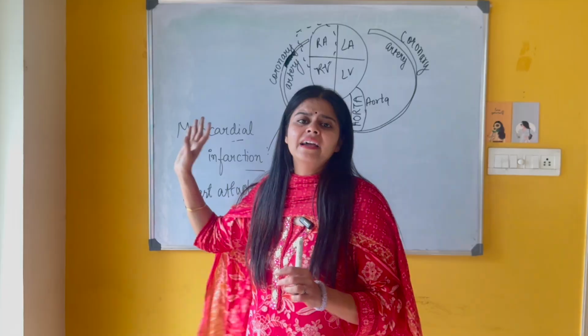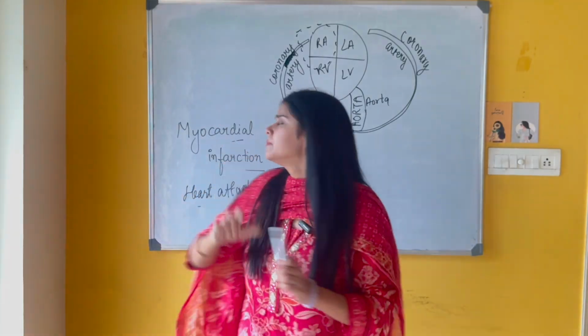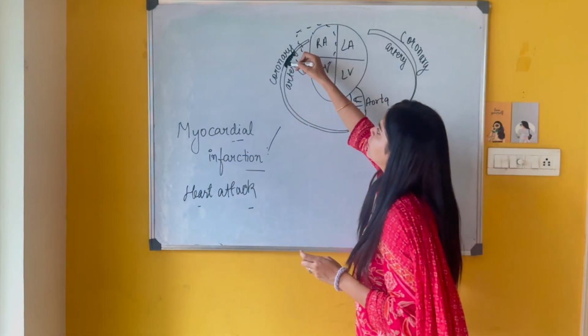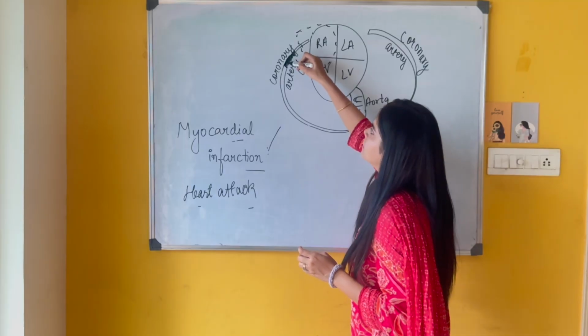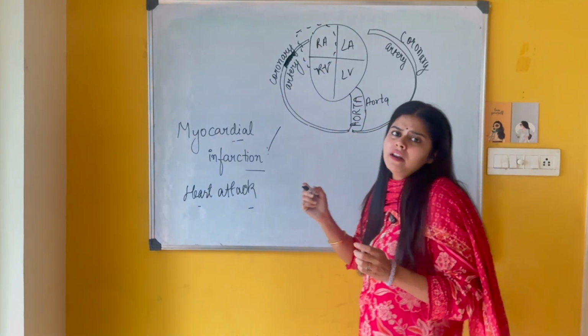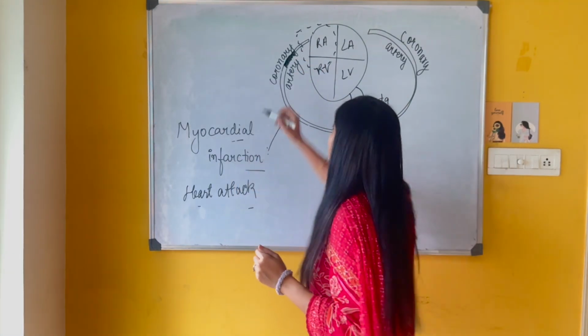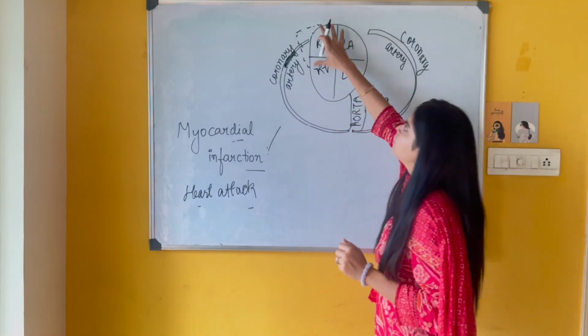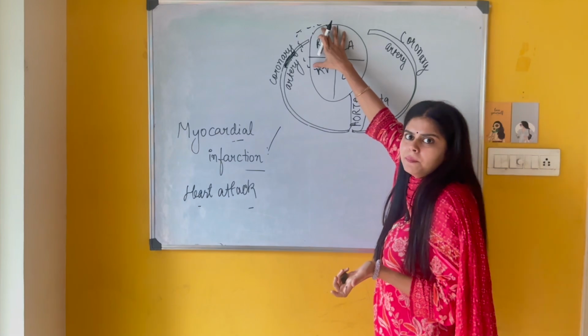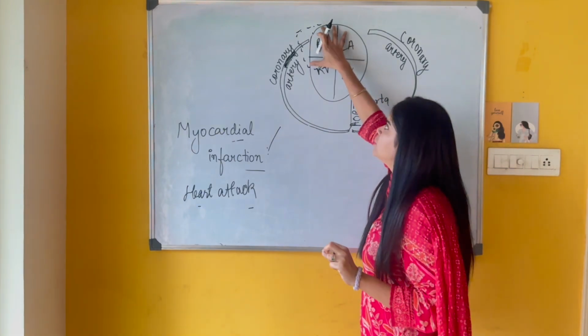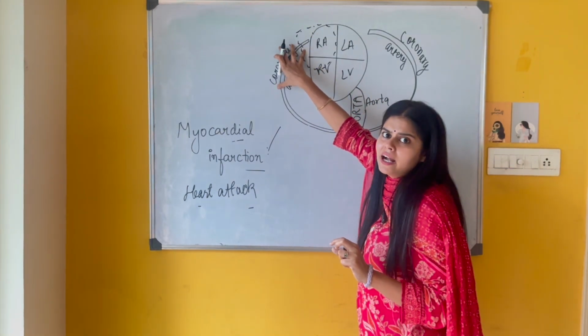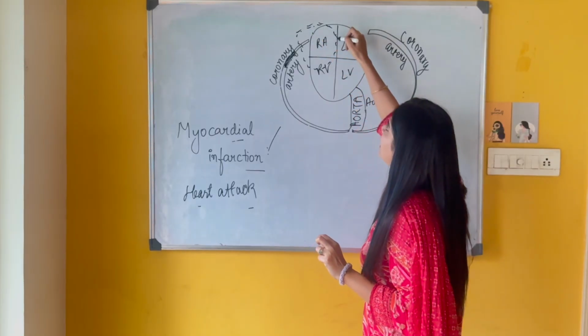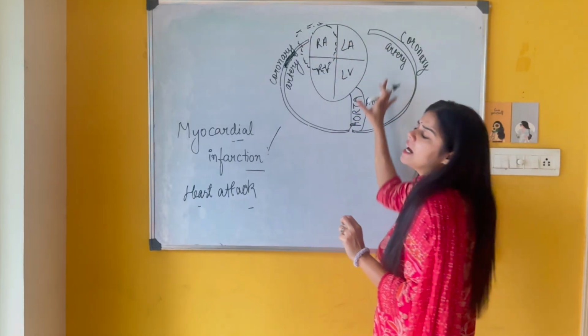Now let's look at the diagram, how one part of the heart dies. Suppose one of the coronary arteries is blocked because of fat deposition or cholesterol deposition. When one of the coronary arteries gets blocked, this part of the heart will not receive oxygenated blood because of the blockage in the corresponding coronary artery. So this part of the heart will die, not the entire heart.